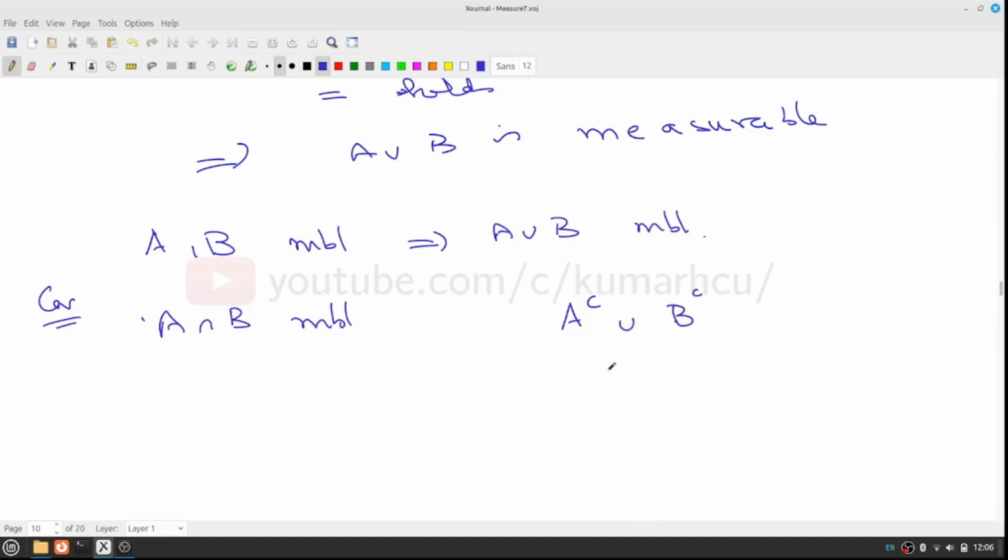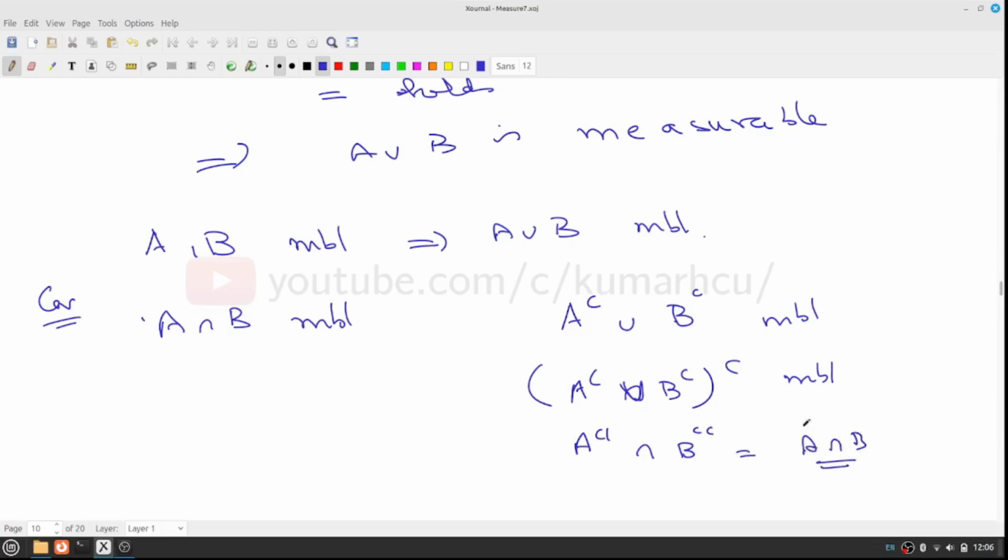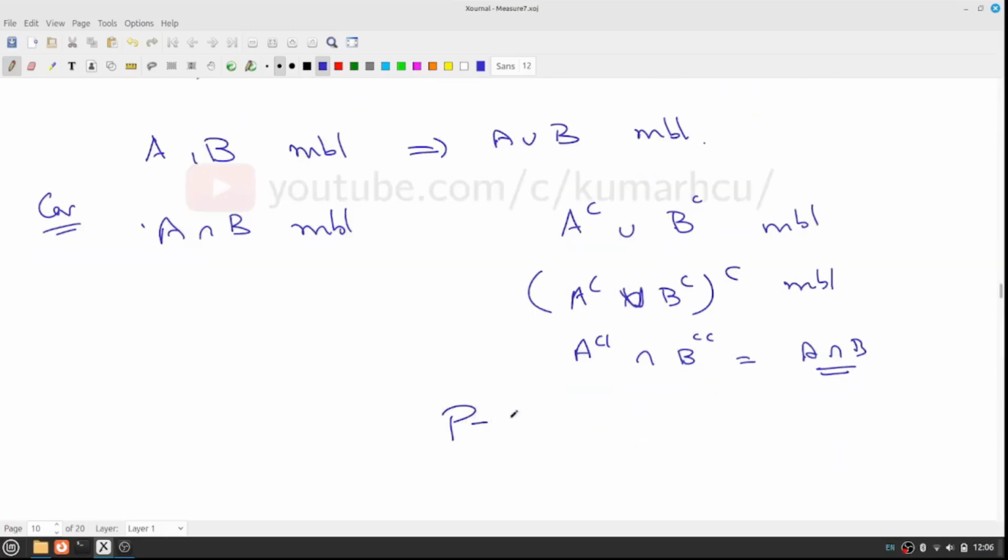Therefore, the union is measurable. And this is measurable, therefore its complement, complement of (A complement union B complement), is also measurable. But this is A intersection B, by double complement. So A intersection B is measurable.